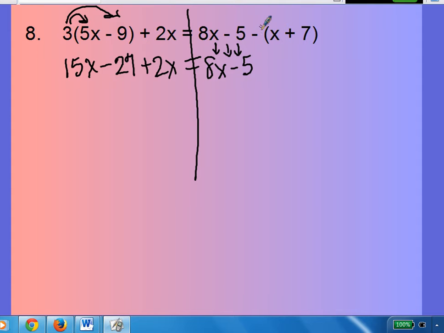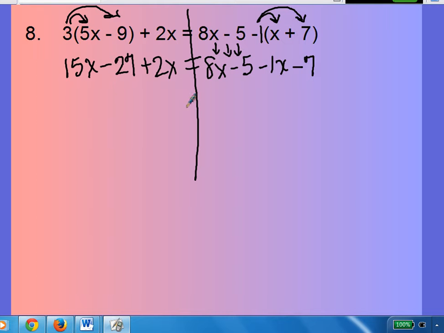Okay, so what we're going to do is treat that as a negative 1 because that is one whole group right there. So you're going to distribute a negative 1 to both of these terms, and that's negative 1x minus 7, negative times positive.